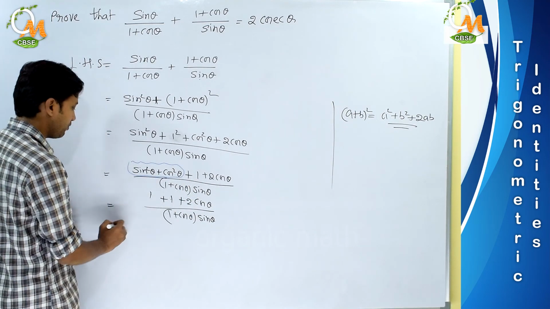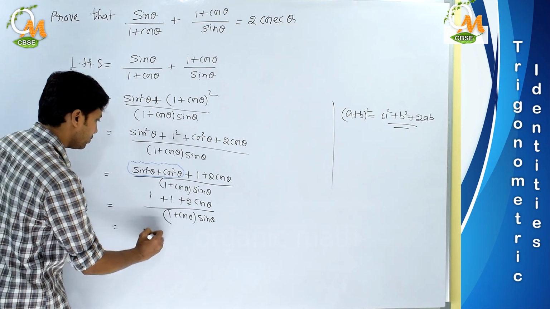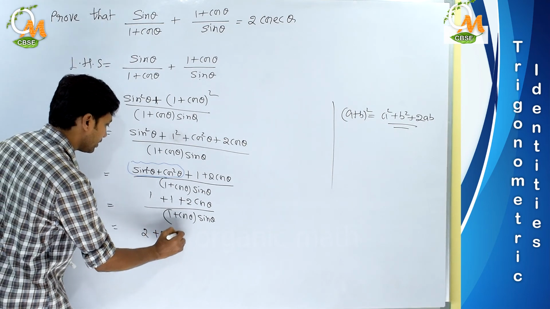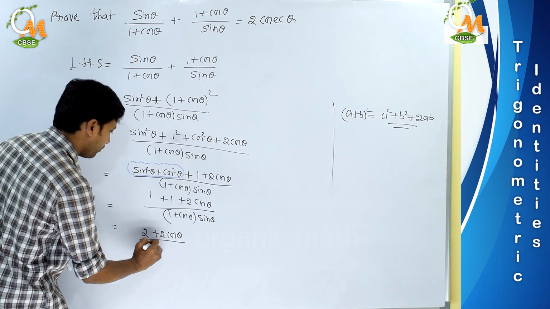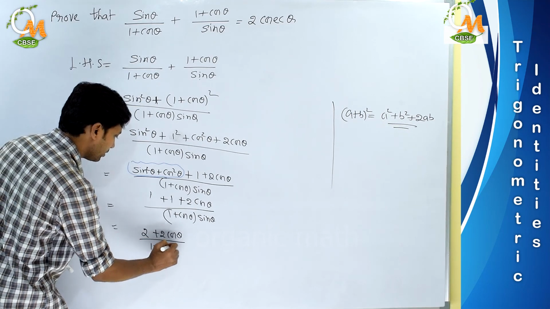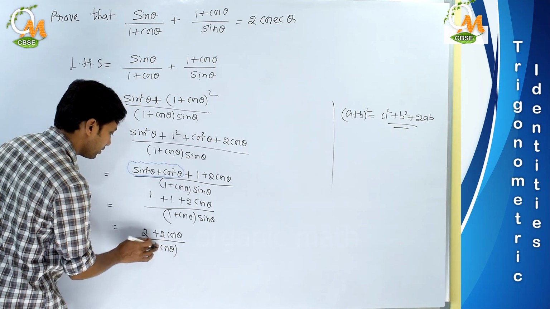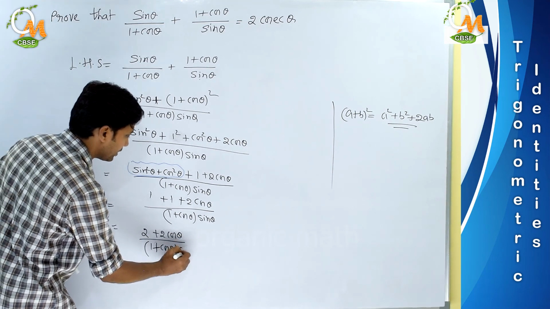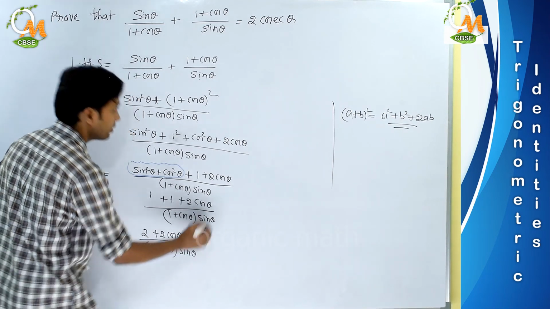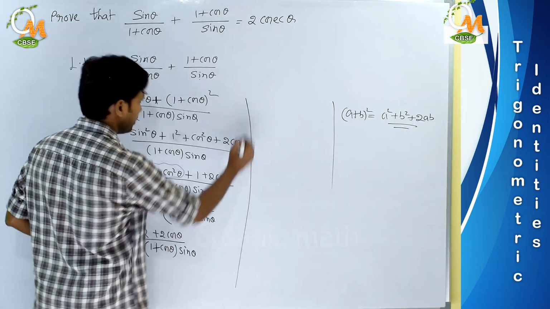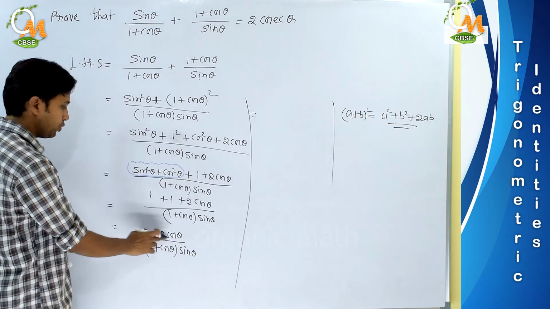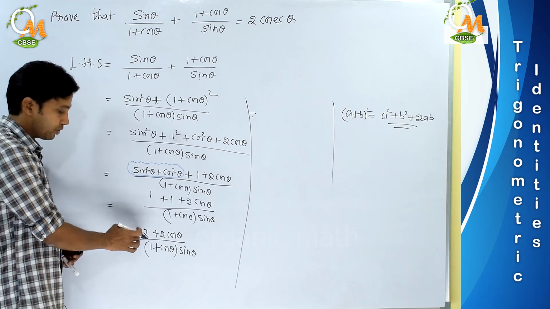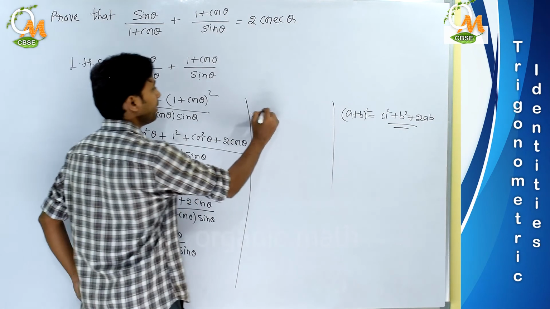Now 1 plus 1 would be how much? 2 plus 2 cos theta by 1 plus cos theta into sin theta. See this here, 2 can be taken common from the numerator, understood?